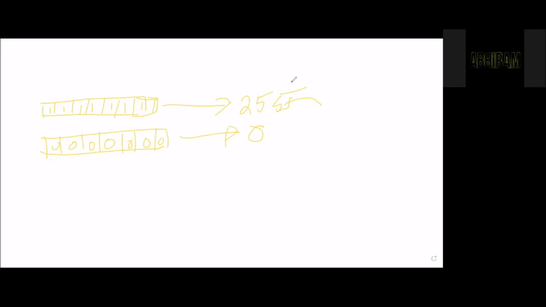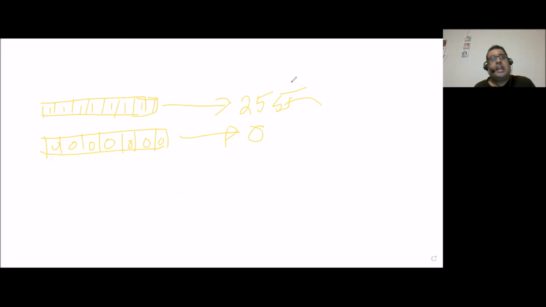Okay. So what did I say? An IPv4 address is a collection of 4 octets separated by a dot.